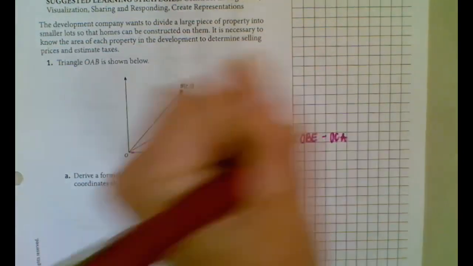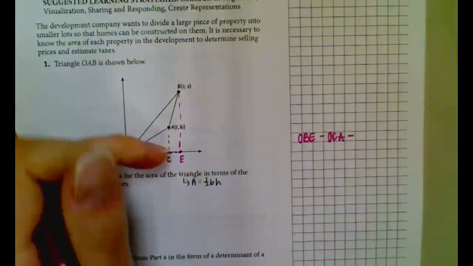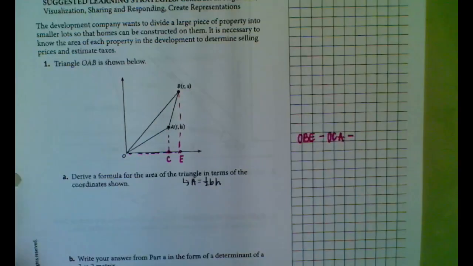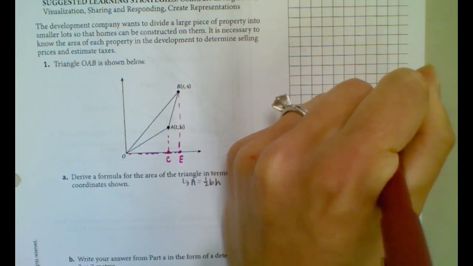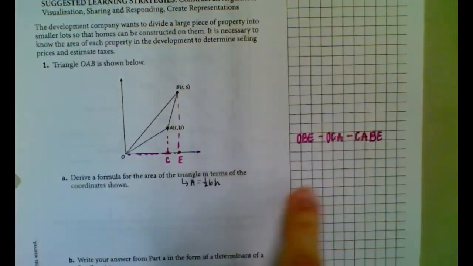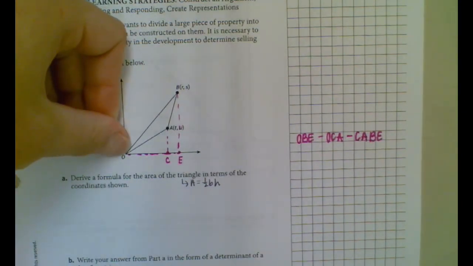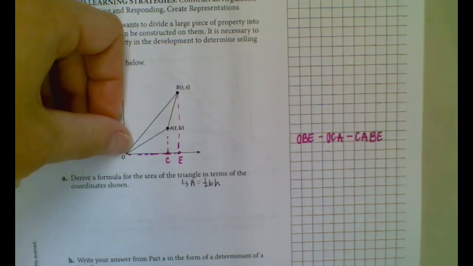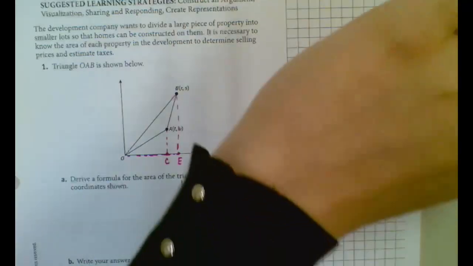And I'm going to subtract this little quadrilateral right there as well, CABE. By doing this, that will give me the area of triangle OAB. So how do we do that?